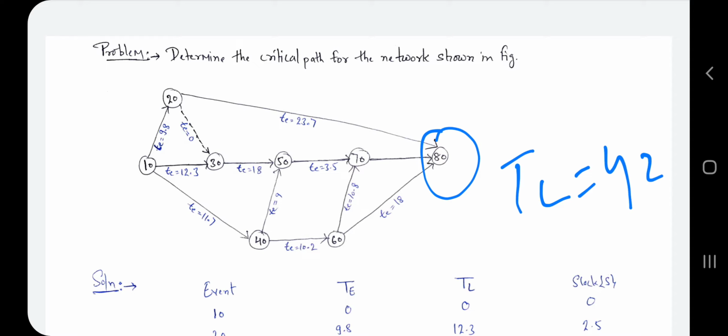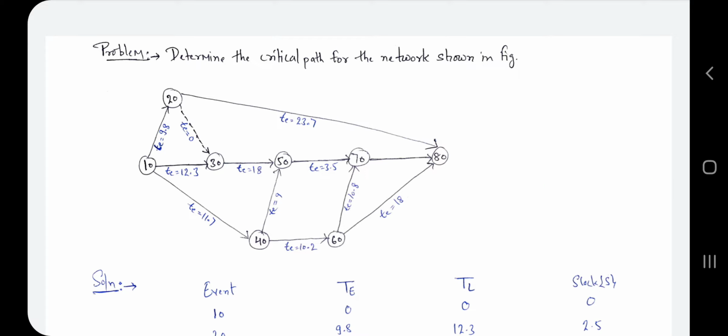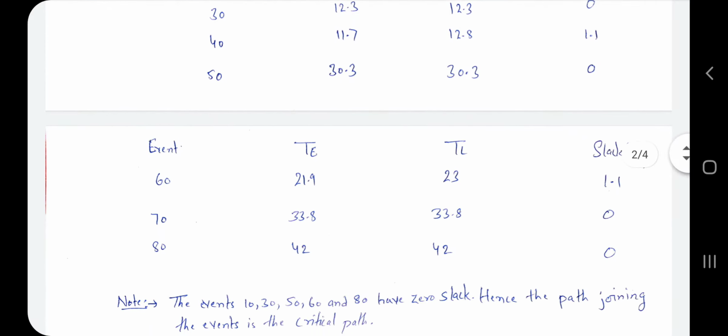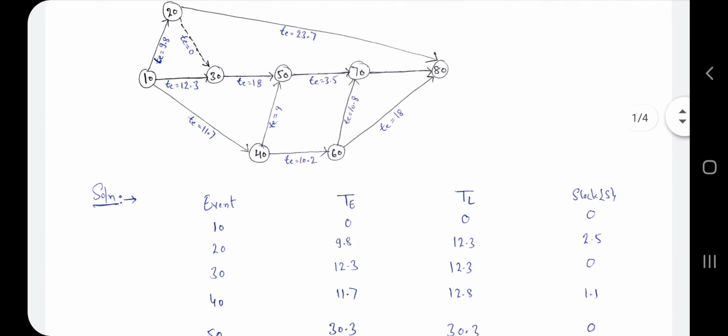If here I get the 80 to 70 value, TL is 42 and t is maybe 7.8 point something, so here we get at 70 a TL of 33.8.